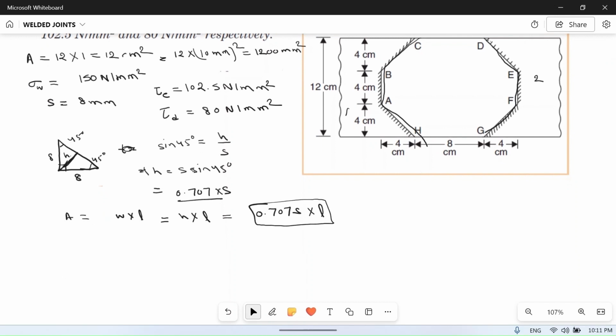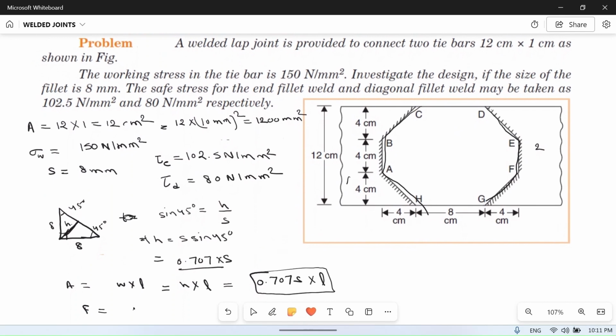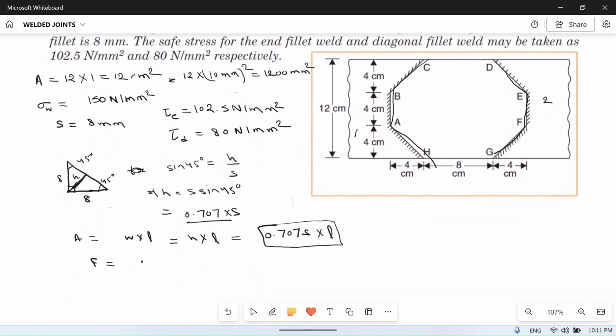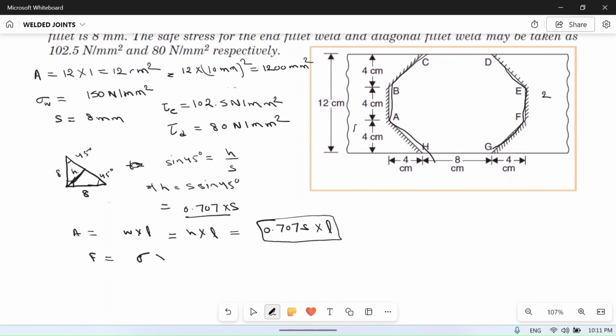Now what will be the force offered by this welded joint? It will be equal to stress into this area.